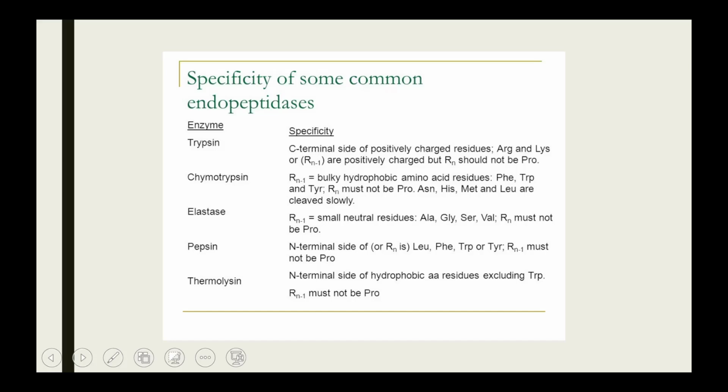So trypsin, which we have already discussed. So trypsin, it states that C-terminal site of positively charged residue, arginine and lysine, or Rn-1 are positively charged, but Rn should not be proline, which I have just now told.